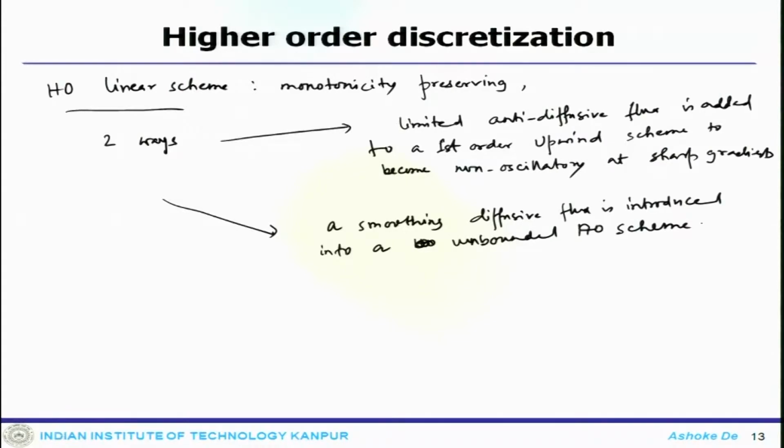So, the second way is that one can add some smoothing diffusive flux to an unbounded higher order scheme to restrict or damp out the unphysical oscillations.